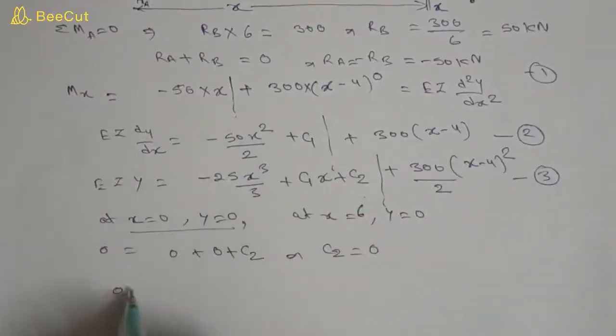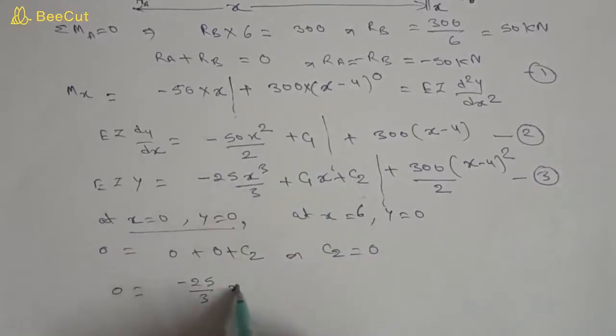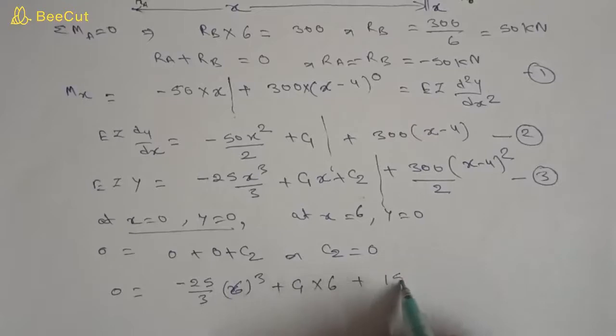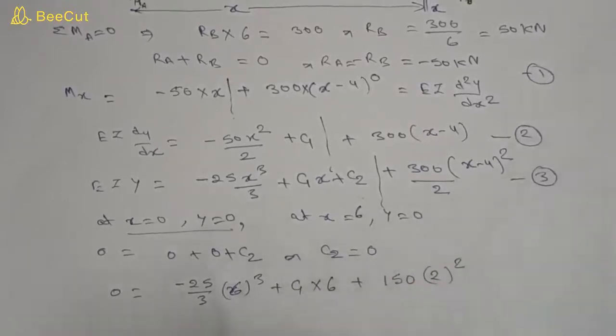So we will get 0 is equal to minus 25 by 3 into 6 cube plus c1 into 6 plus 150 into (6 minus 4) to the power 2.